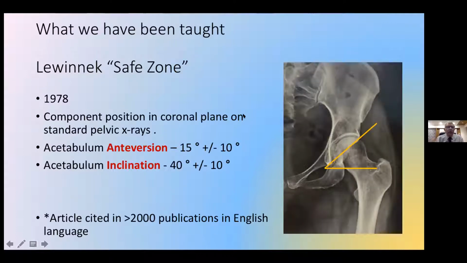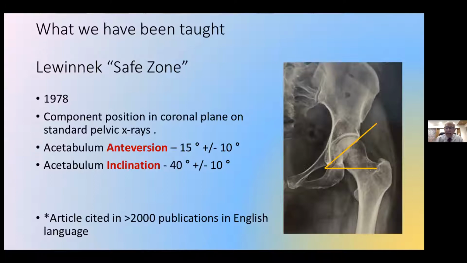What we have been taught so far is about the Lewinnek safe zone. In 1978, Lewinnek told us that we should put our acetabulum in 15 degrees plus minus 10 anteversion, and the inclination of the acetabulum should be 40 degrees plus minus 10 degrees. This article has been cited in more than 2,000 publications in English language.